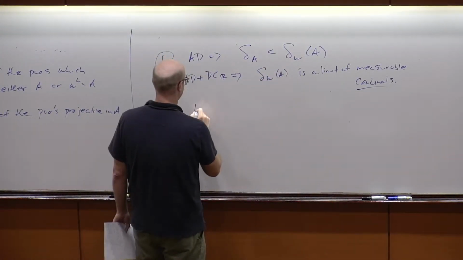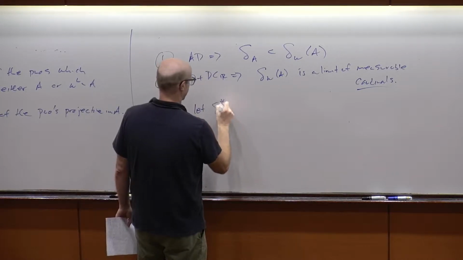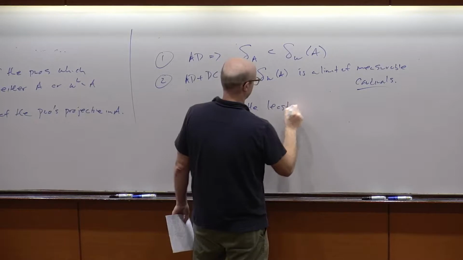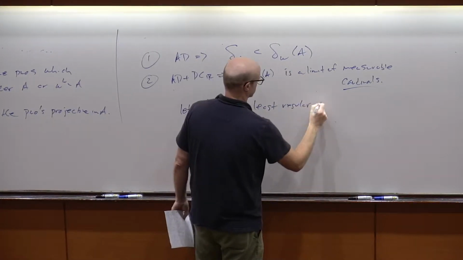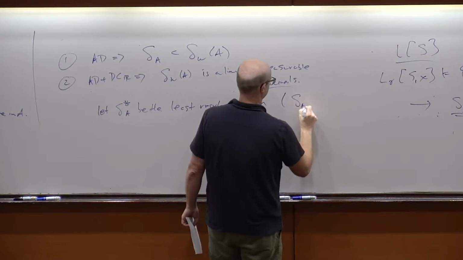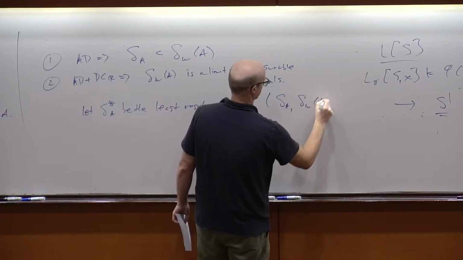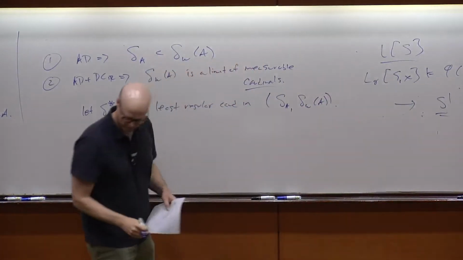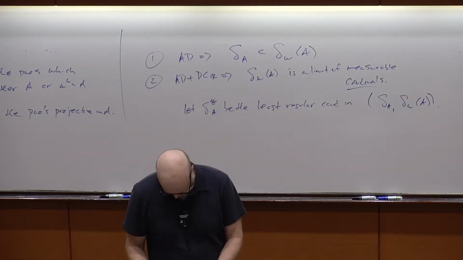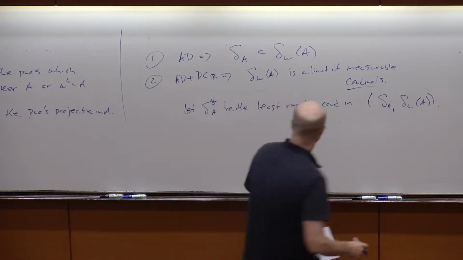Okay, so we're just going to let delta star A be the least regular cardinal in the interval between delta A and delta omega A, like that, and that may or may not be overkill as far as what we need to do. Okay, and now I can state the theorem.